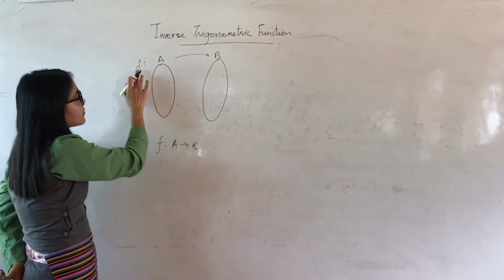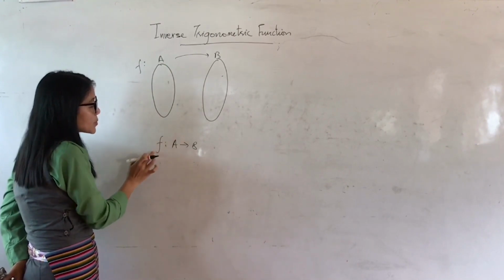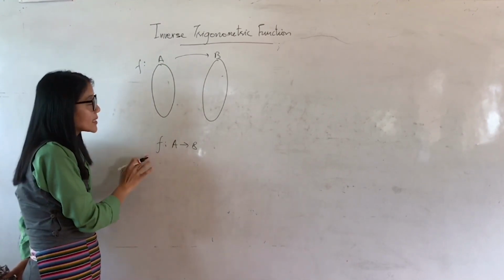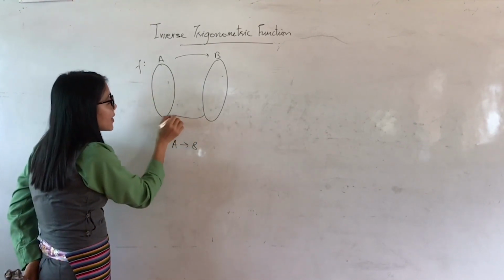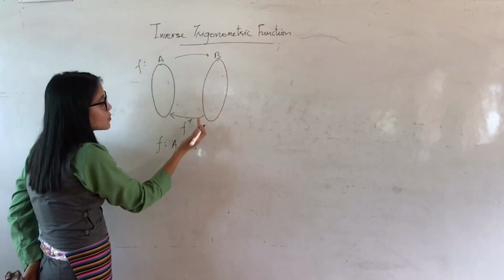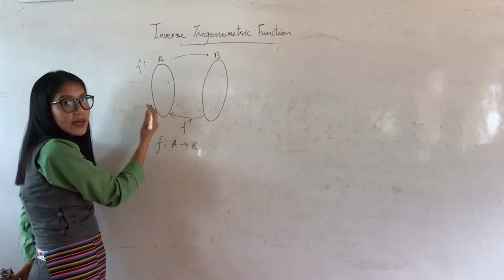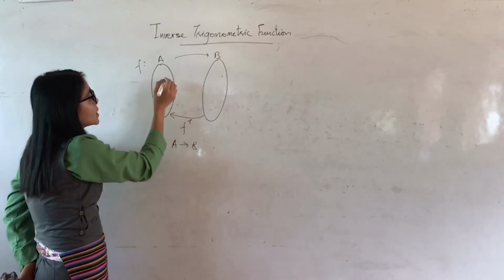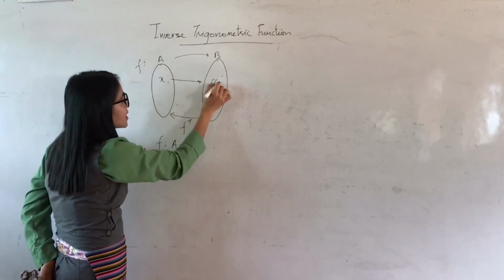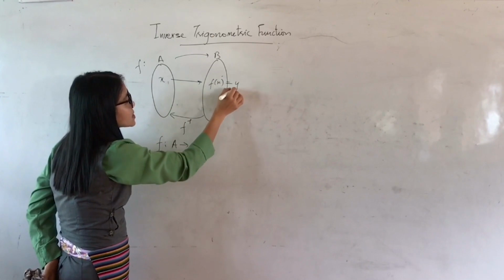So now we have f from set A to B. Now I suppose that f is an invertible function, which means f inverse exists. So then what do we have? f is from set A to B, f inverse is from set B to A. This is what we had seen. So if I consider x over here, I'll get an image here that is f of x. Also we write it as y.